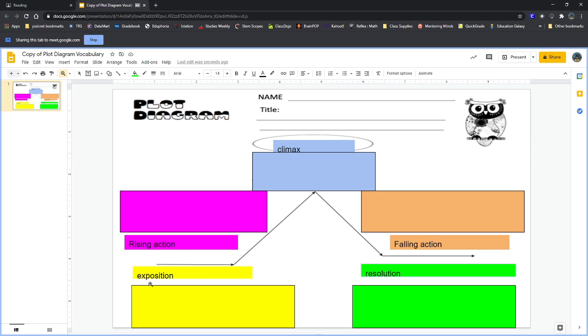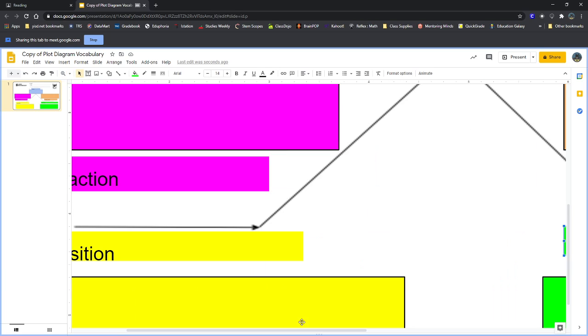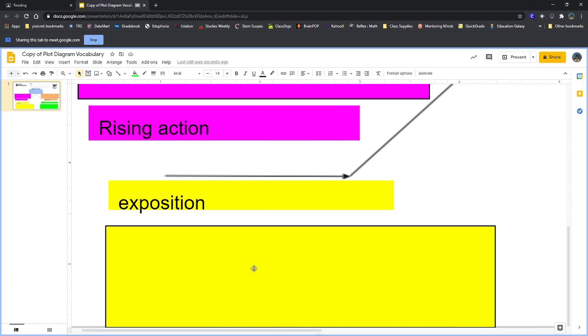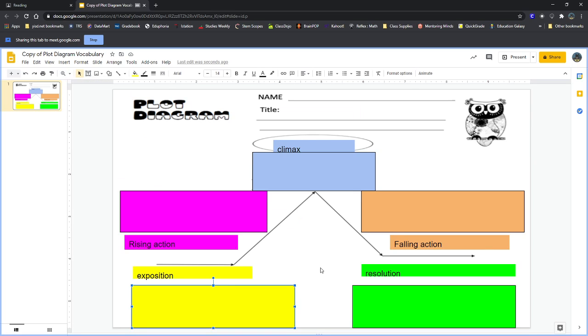I'm going to go in order, the same way it would go if we were reading the book or watching the movie. So we have the exposition first, then the rising action, then the climax, then the falling action, and then the resolution.